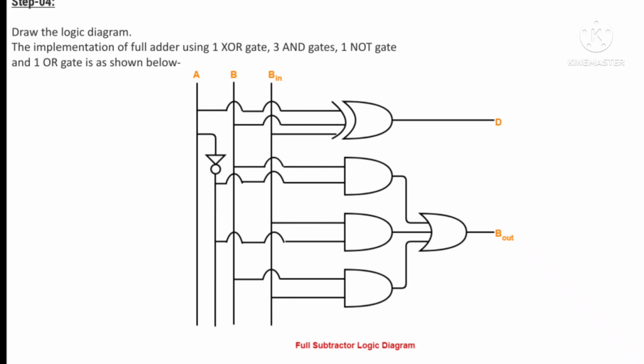The input variables of the third AND gate are B and B in, so the output is B B in. Now we connect all these 3 AND gates to an OR gate. We obtain the summation of all these AND gate outputs, and we get the borrow A bar B plus A bar B in plus B B in. So the design of a full subtractor is completed. Thank you.